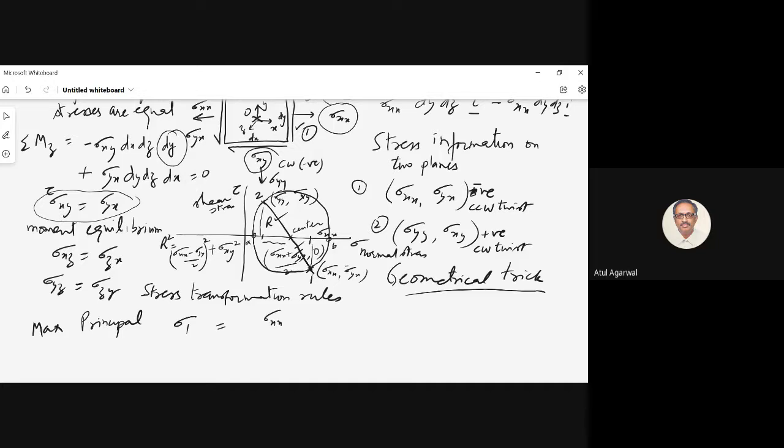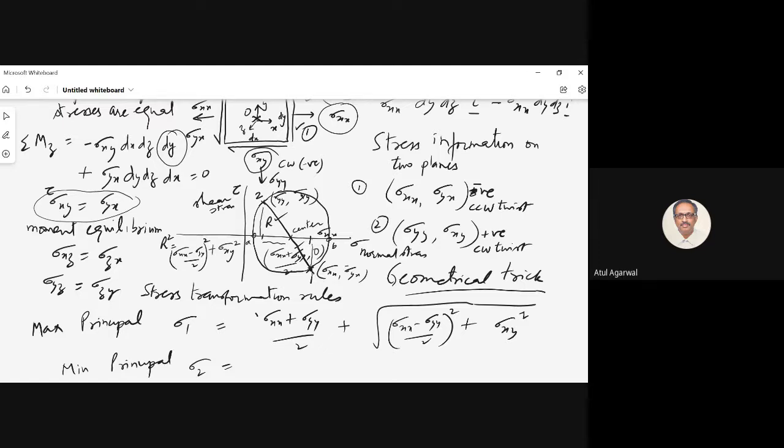Sigma xx plus sigma yy by 2 plus this radius, what you had calculated. All right. This is your higher value. And what is your lower value? What is the minimum principal stress? You put a minus sign. Rest is same.